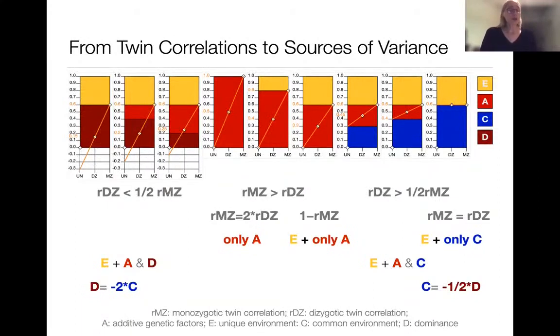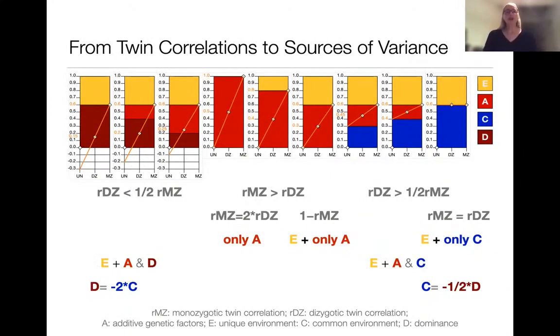That is showing an MZ correlation of 1, a DZ correlation of 0.5, and an unrelated correlation of 0. So that pattern of correlations, with the MZ correlation being twice as high as the DZ correlation, is perfectly consistent with the variation being completely due to additive genetic factors in red.